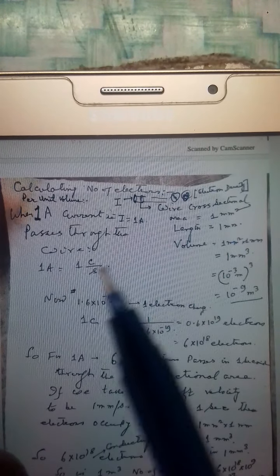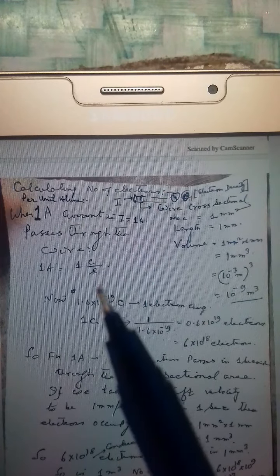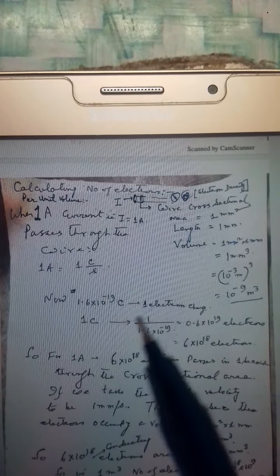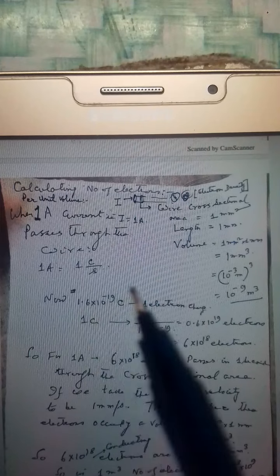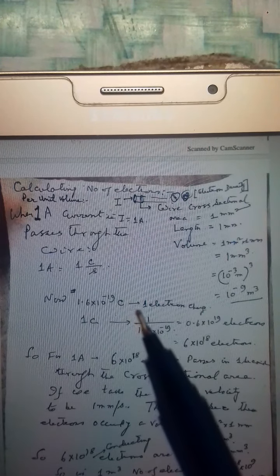So 1 ampere means 1 coulomb per second. Okay. Now, 1 electronic charge is 1.6 into 10 to the minus 19 coulomb.